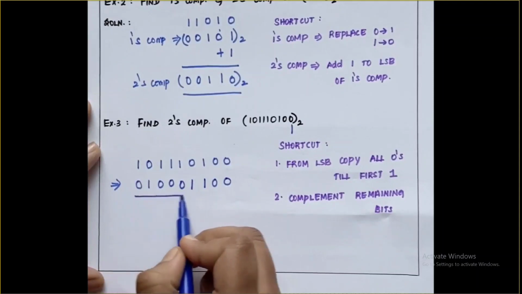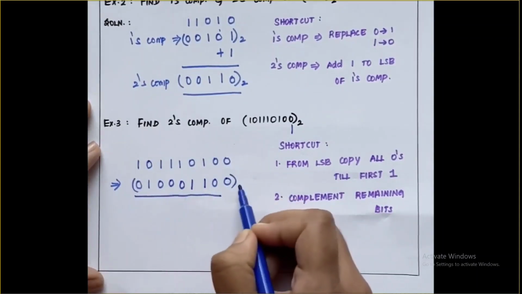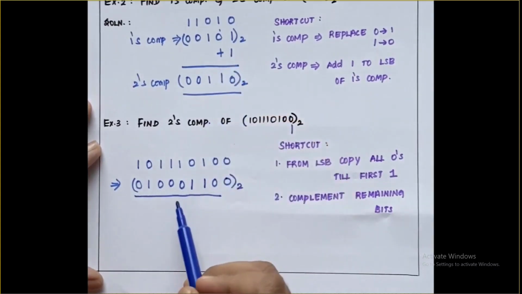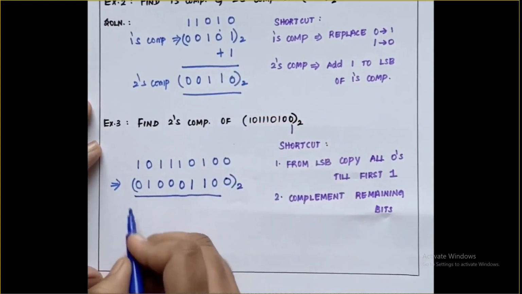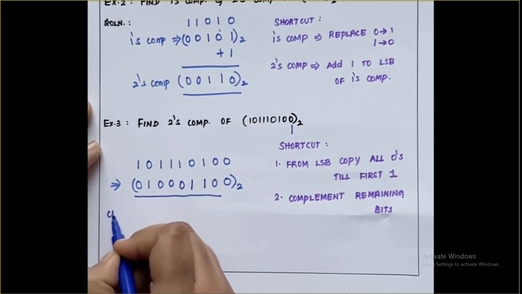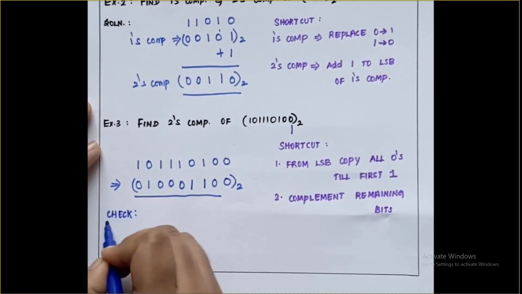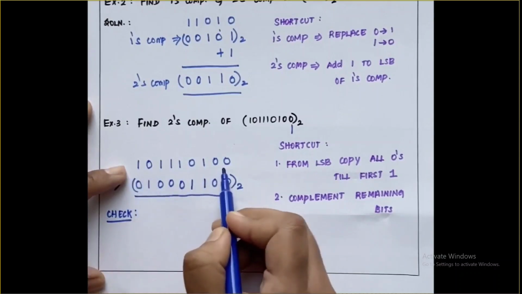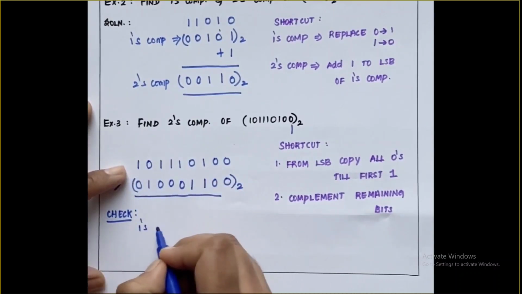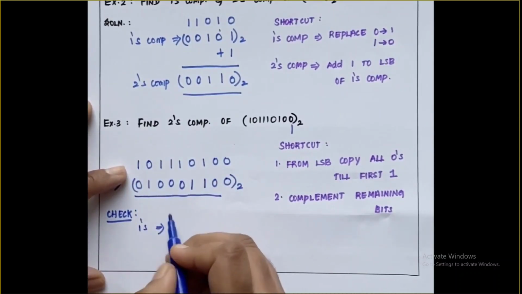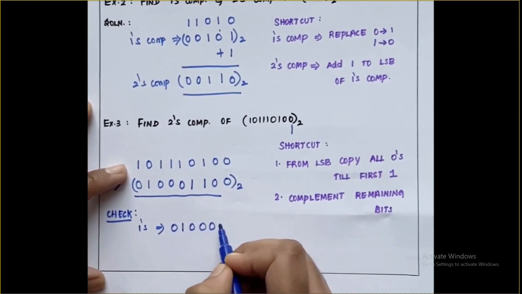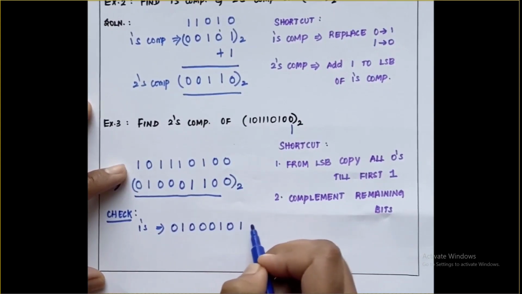So this is the way to get the direct 2's complement answer. We can use this shortcut when asked to calculate the direct 2's complement instead of the 1's complement and then the 2's complement. We can check it with the previous shortcut. The 1's complement for the given number will be 01001011.